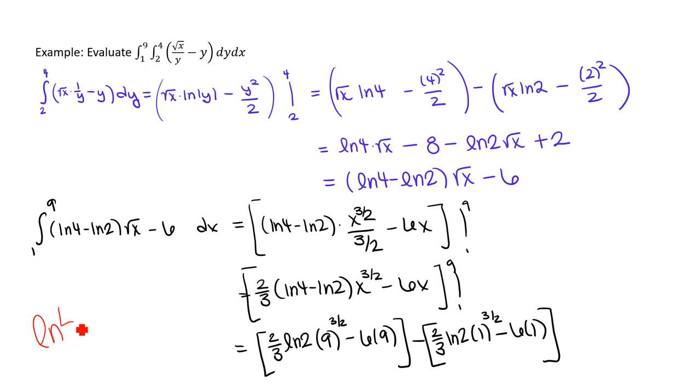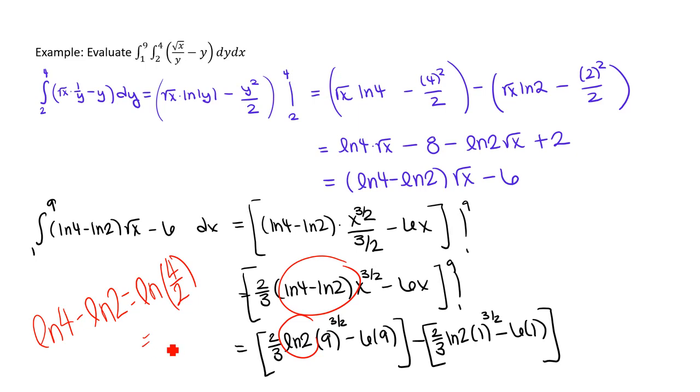That ln 4 minus ln 2 can be simplified using the properties of logs. That's the same thing as natural log of 4 divided by 2, which is natural log of 2. So ln 4 minus ln 2 actually simplifies down to ln 2. I did that just so I had a little bit less writing to do.